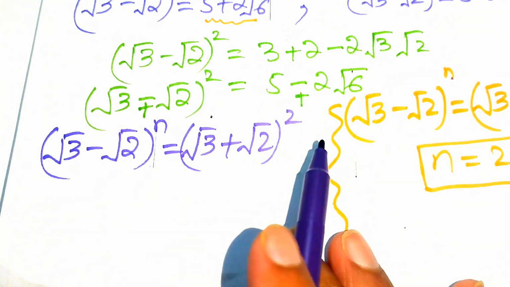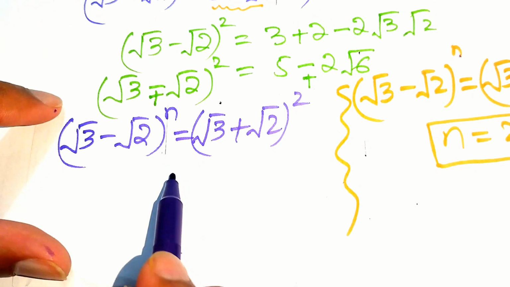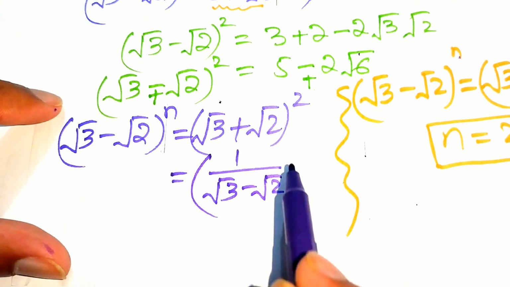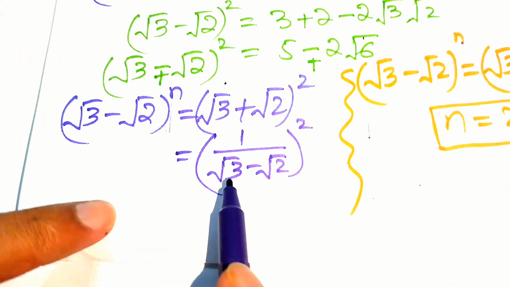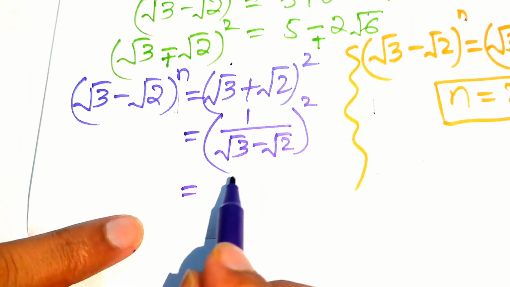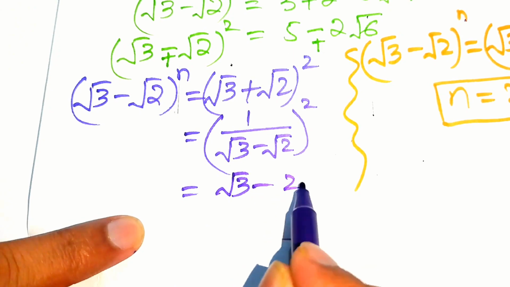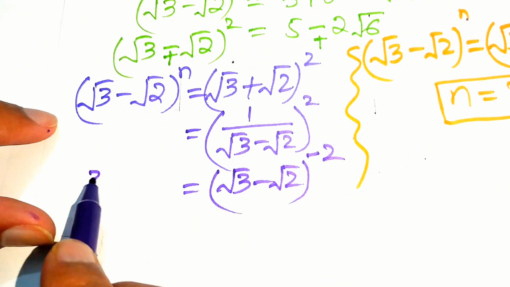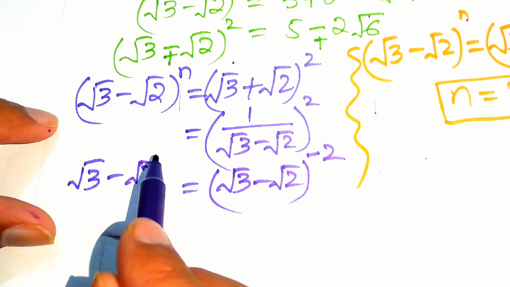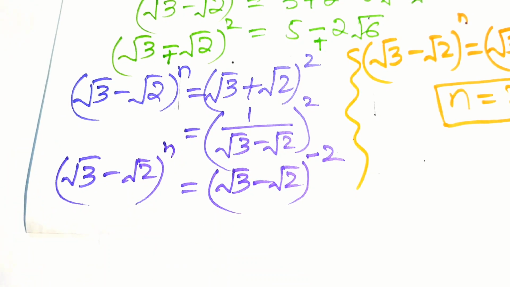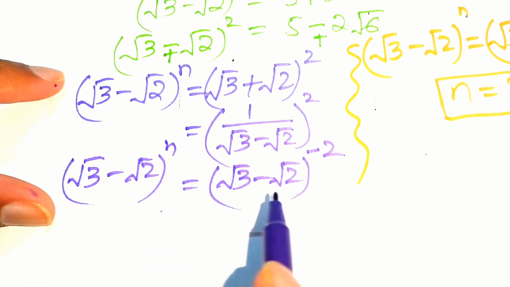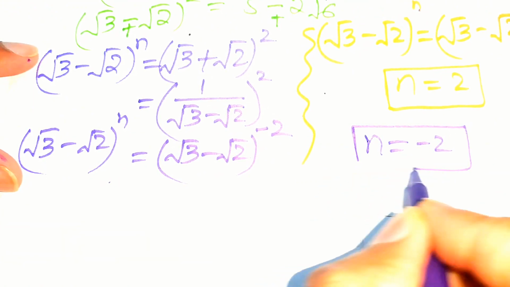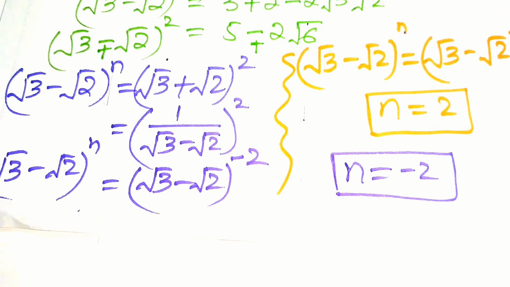So if we take the reciprocal of this base, it will be equal to 1 over square root of 3 minus square root of 2 and its whole square. Similarly, if we move this base to the upside, it will be equal to square root of 3 minus square root of 2 and its power minus 2. Now the bases on both sides are the same, so we equate the exponents and we easily get the second value, n equals minus 2. So this is the other solution of the given question, and this is the final answer.